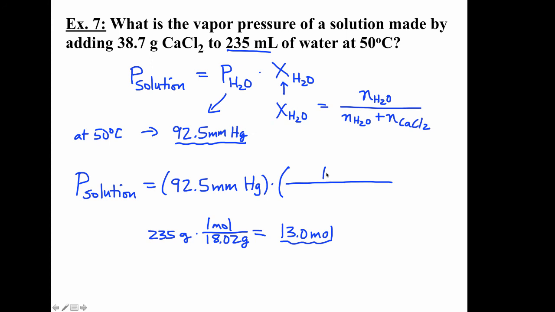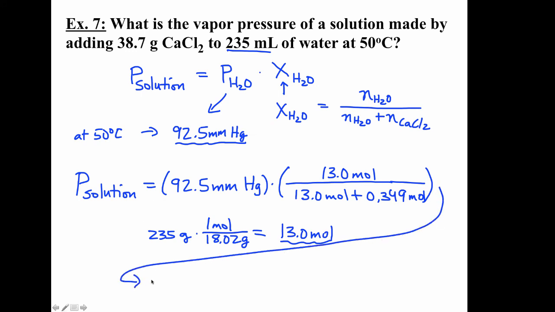So we have 13.0 moles of water over 13.0 moles plus the 0.349 moles of calcium chloride from the previous screencast, and this works out to be 92.5 millimeters of mercury times a mole fraction of 0.974.